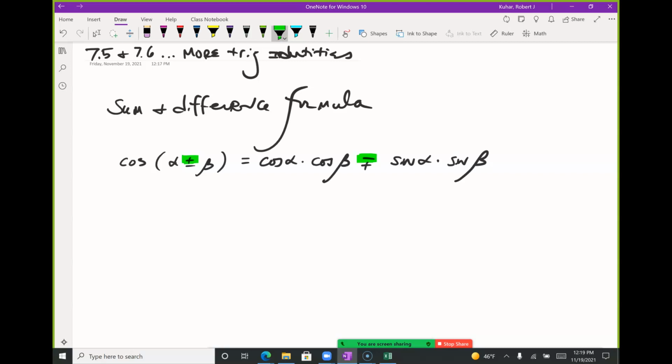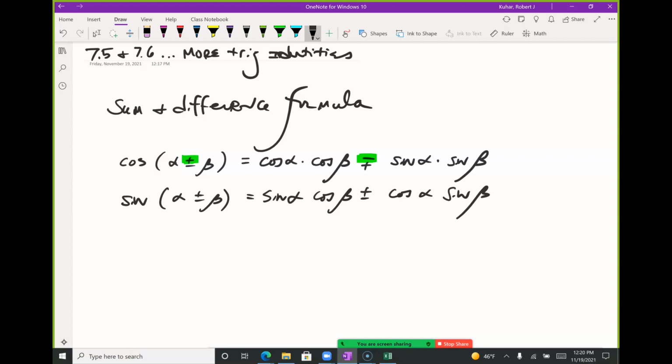And vice versa. My other identity is sine of alpha plus or minus beta. On that one, I do sine alpha cos of beta plus or minus cos of alpha sine of beta.